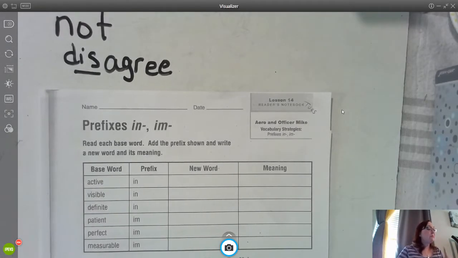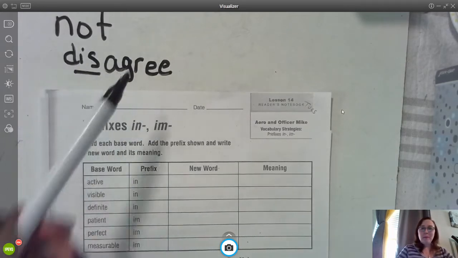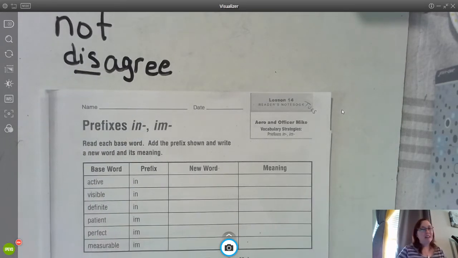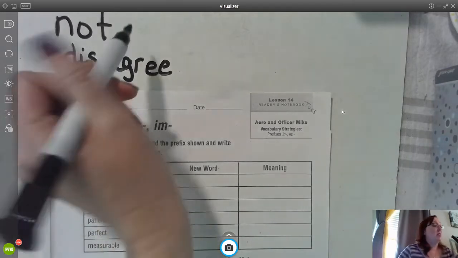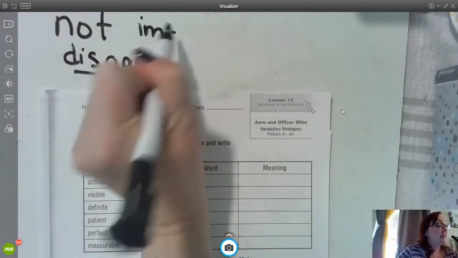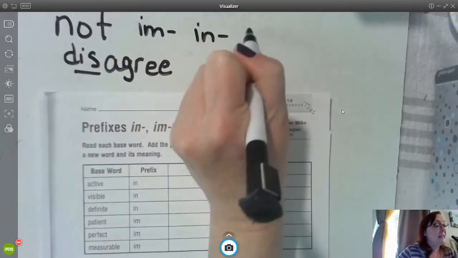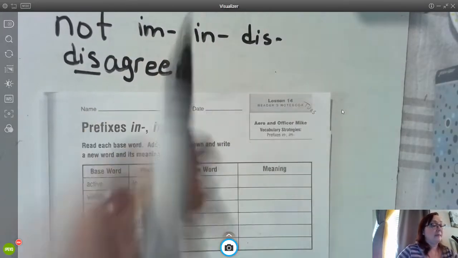For example, we have disagree. You're not going to use inagree. That just doesn't even sound like a real word. We're not going to use imagree. That doesn't work either. So we have three prefixes that mean not. We have im, in, and dis.